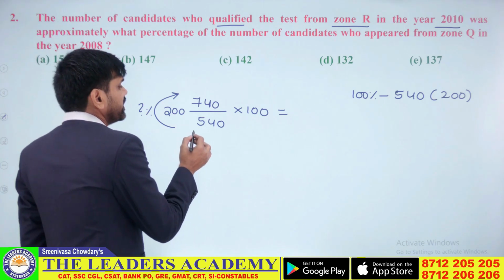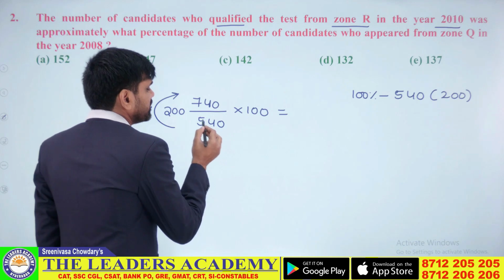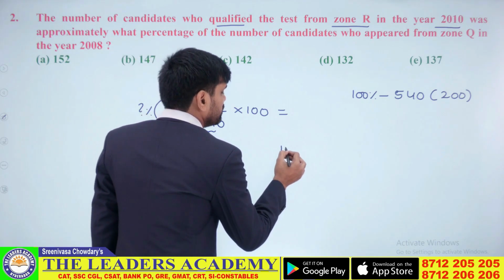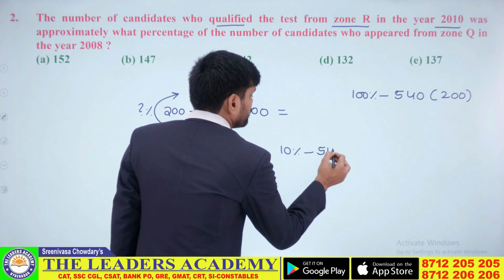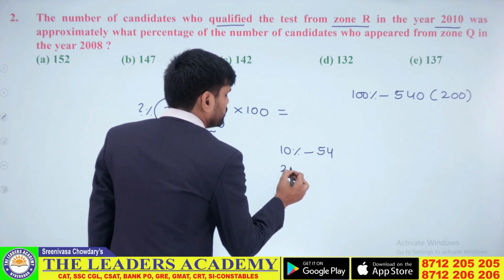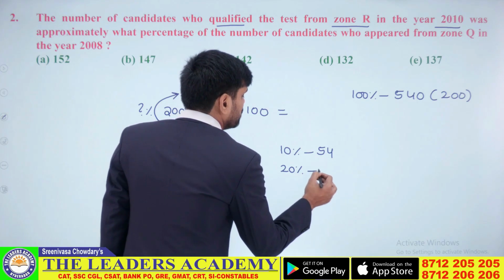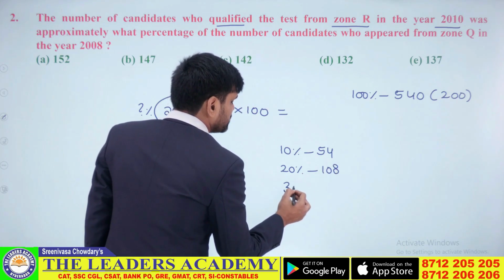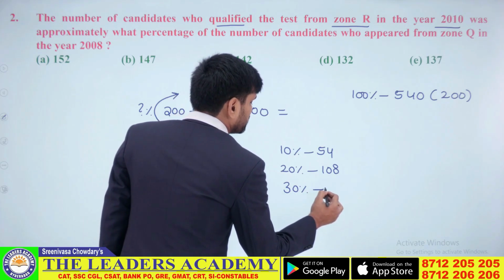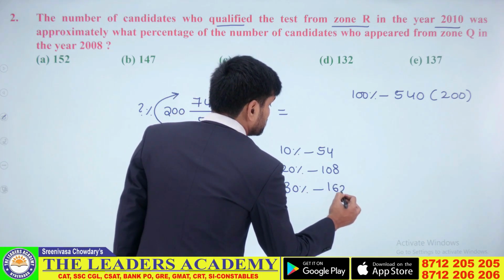Again check. Can I go for 10%? 10% of 540 is what? 54. 10% I can go for. 20% also I can go for. 30% will be 3 times now. 30% is 162. Still there is a scope.